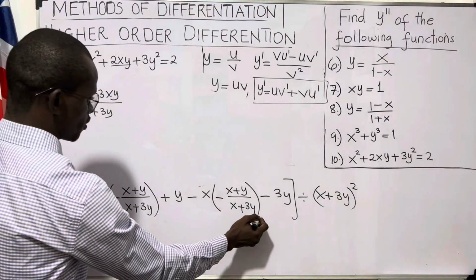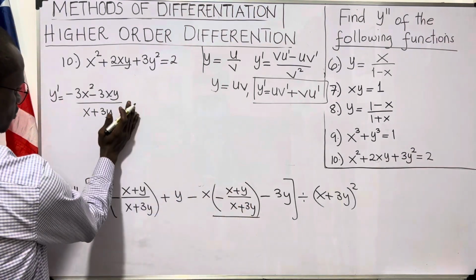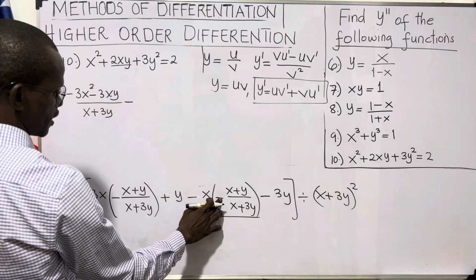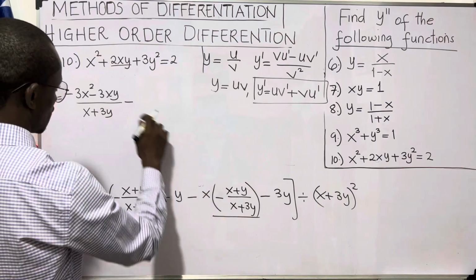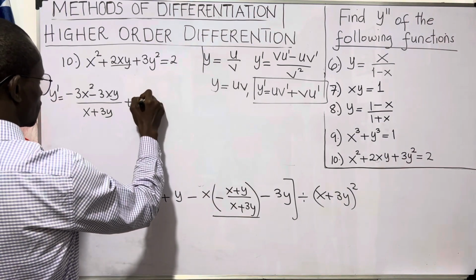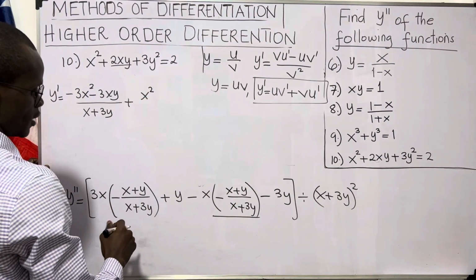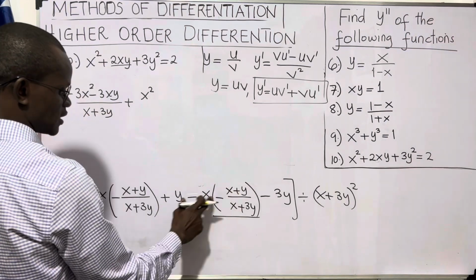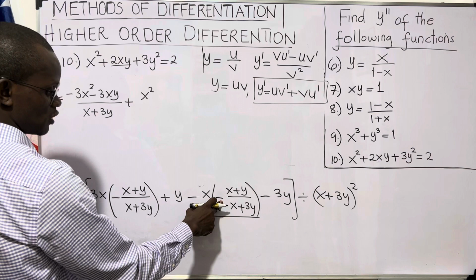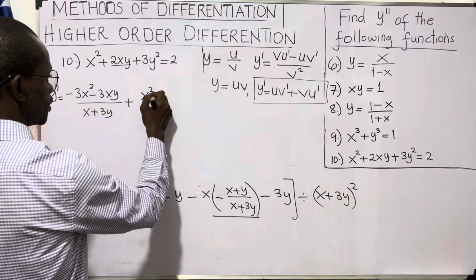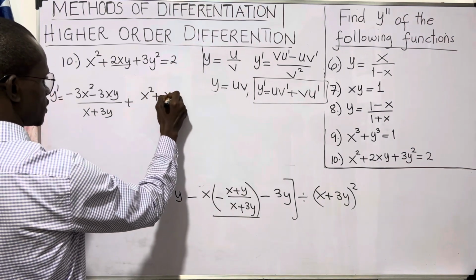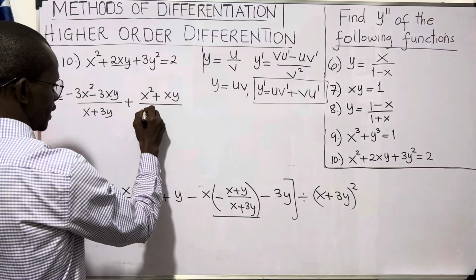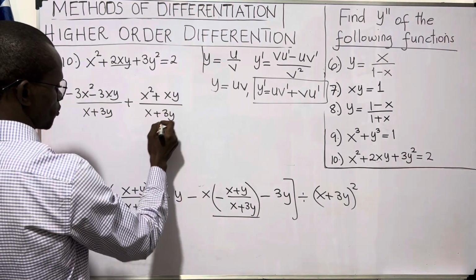Now, if we bring this one first, negative times this negative is positive, so x times x is x squared. And then negative times this negative is positive, times this y, so that gives us xy divided by x plus 3y.